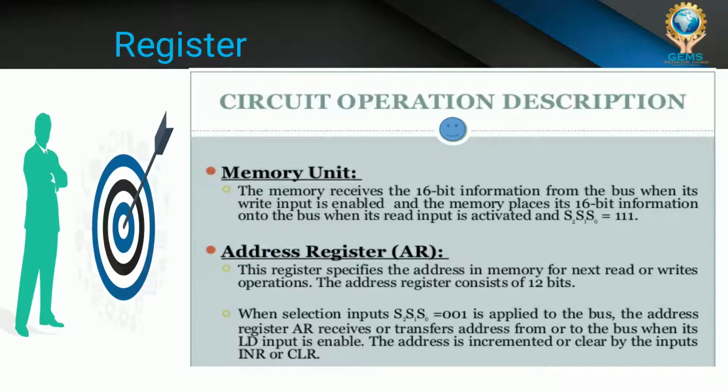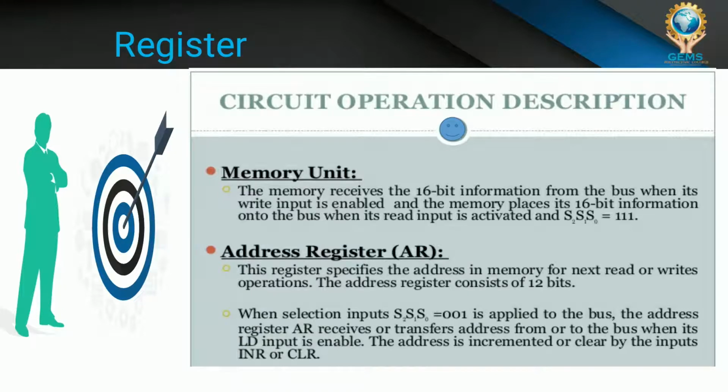So the first one is the address register. Here I mentioned how and when the address register will respond and perform its functioning based on some instruction. So the entire functioning of the address register is given here.